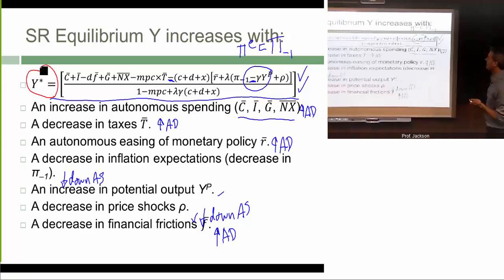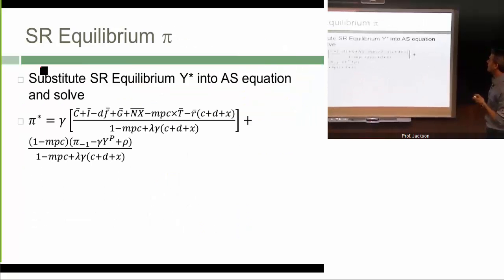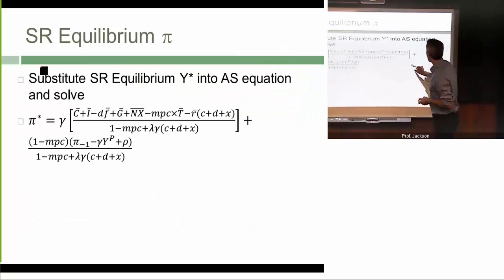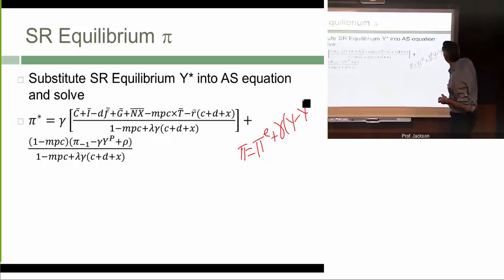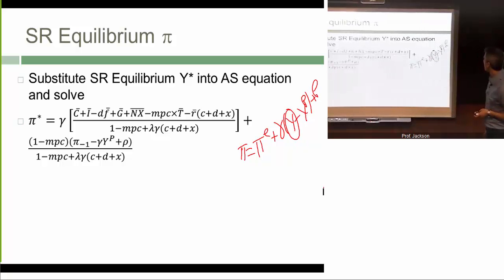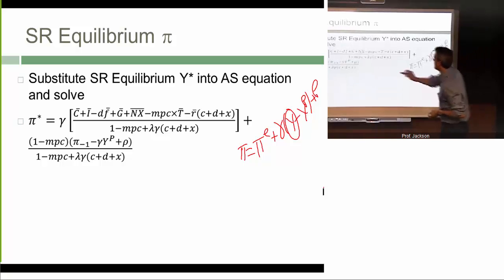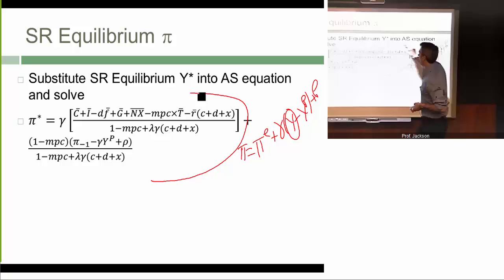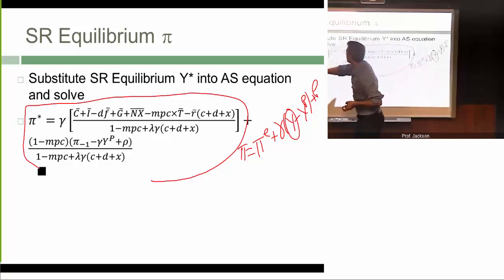So if we substitute that into our aggregate supply equation, which looks like this, substitute Y into that aggregate supply equation and solve for inflation as a function of everything else, this is the equation that you get right here.